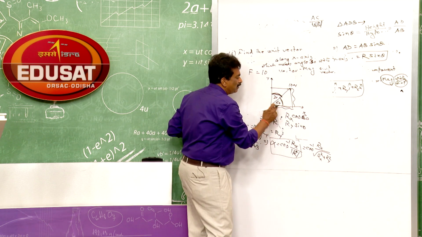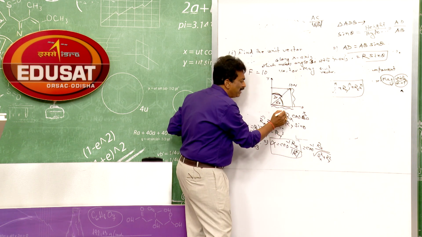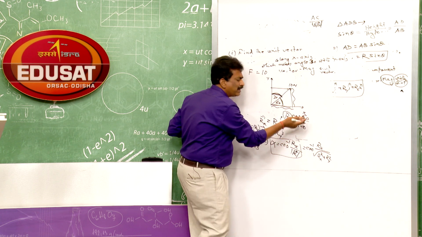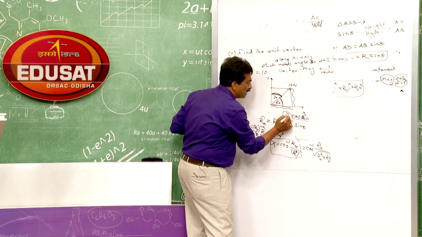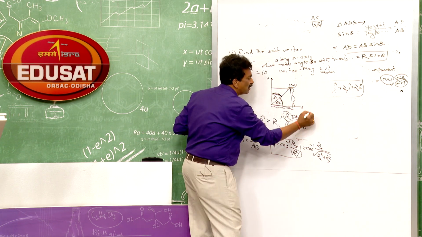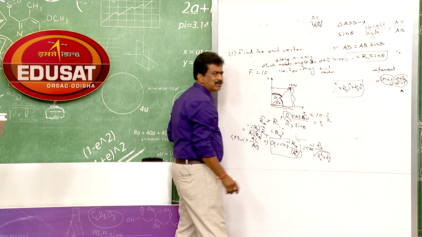Cos 60 is equal to 1 by 2. R value is 10, so 10 into cos 60 is equal to 5.